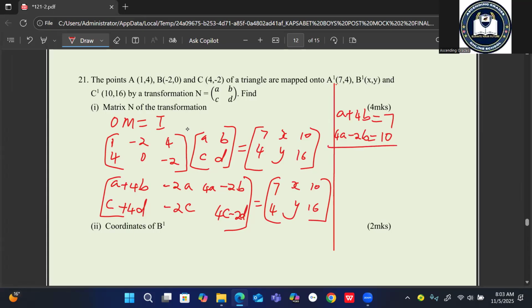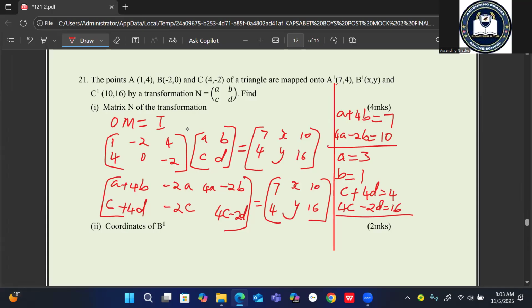When you solve the simultaneous equations, you'll get that A is equal to 3 and B is equal to 1. We have another one: C plus 4D is equal to 4, and 4C minus 2D is equal to 16.